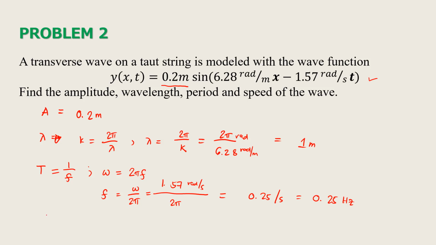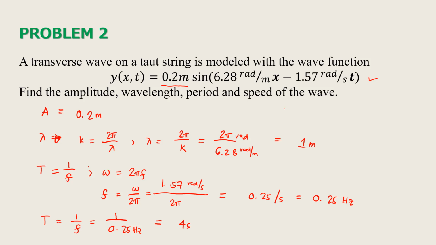Okay, now to find the period, we just have to get the reciprocal of our obtained frequency. So we have 1 over 0.25 hertz, and that is equal to 4 seconds. And lastly is to find the speed of the wave.